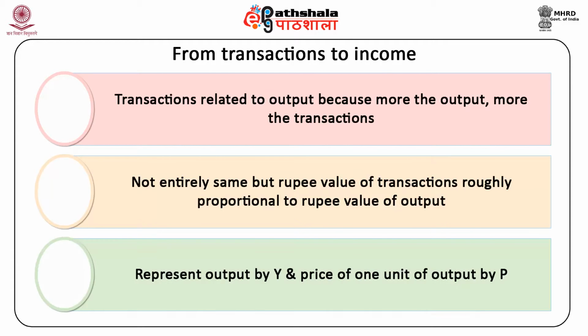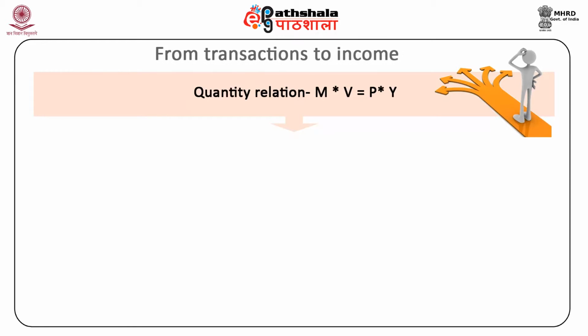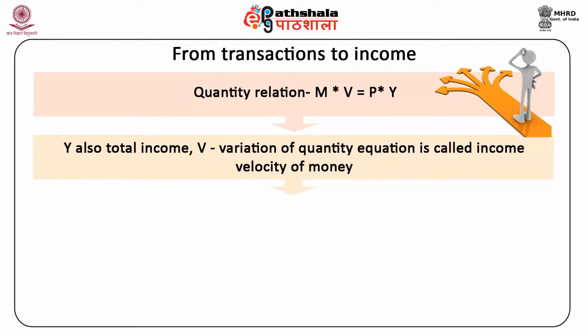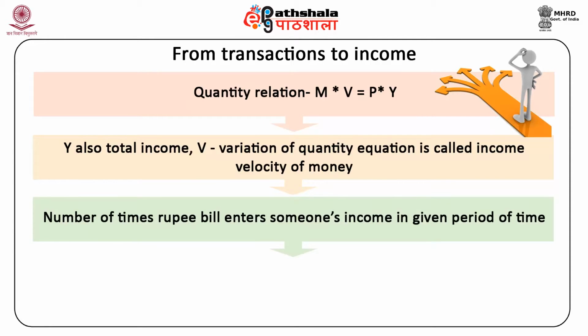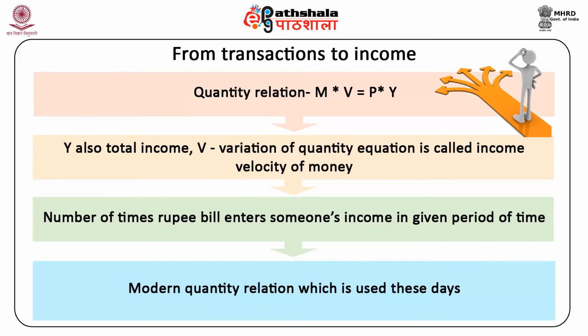So, if we represent output by Y and the price of 1 unit of output by P, the quantity relation can be expressed as M into V is equal to P into Y. Since Y is also total income, V in this variation of the quantity equation is called the income velocity of money, or the number of times a rupee bill enters someone's income in a given period of time. This is the modern quantity relation which is used these days.